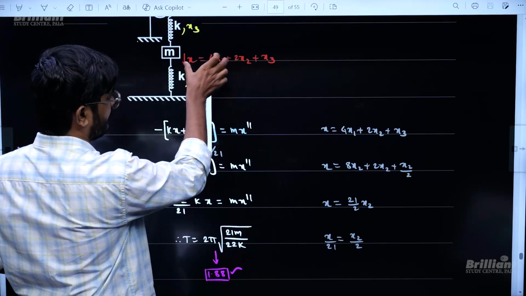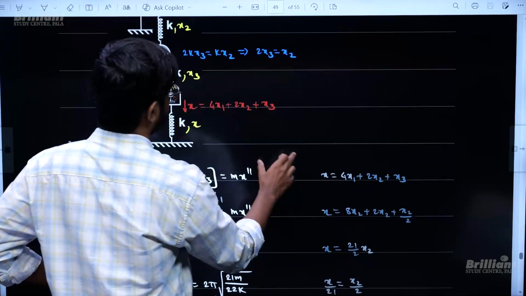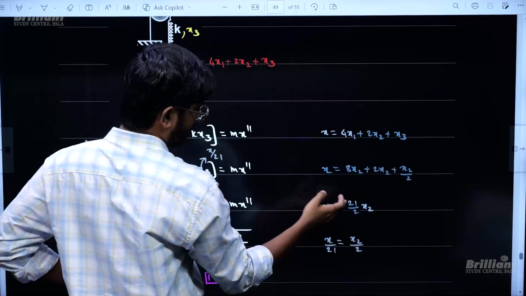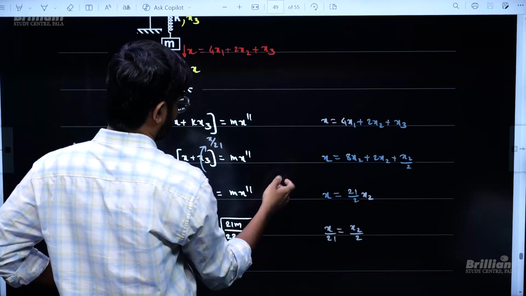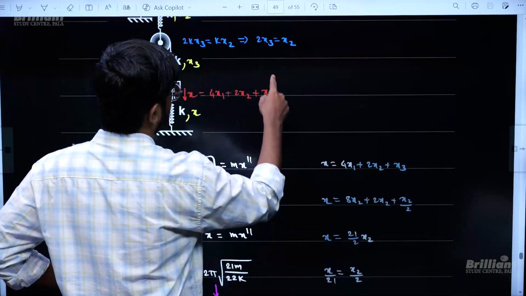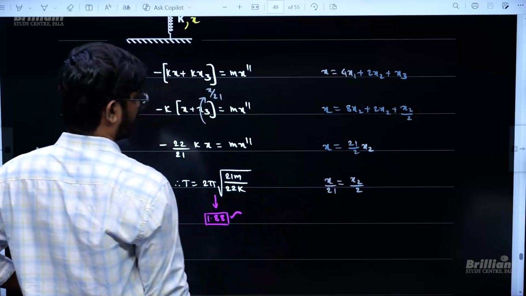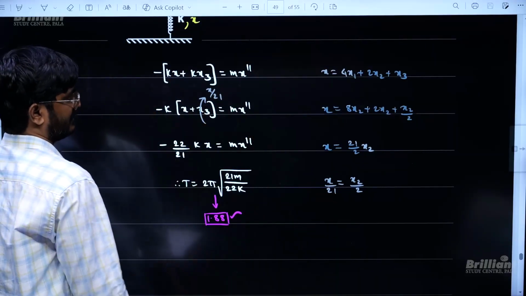For that we will take help of this and we will use these equations also. I am trying to find x2 in terms of x, thereafter I can find x3 also, right, x3 in terms of x. Once I get x2 in terms of x, then I can get x3 in terms of x, then I can substitute it back and I will be getting the answer.